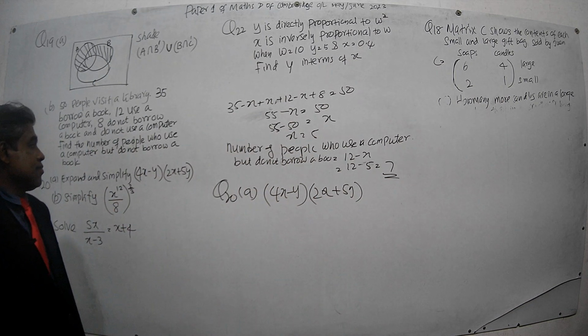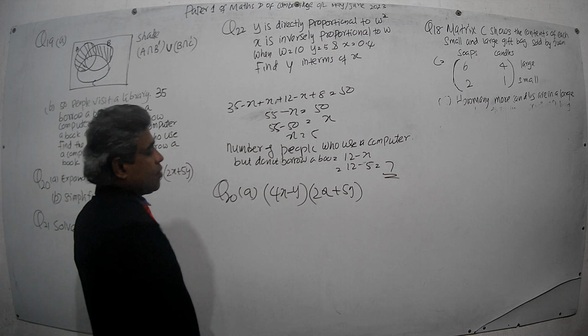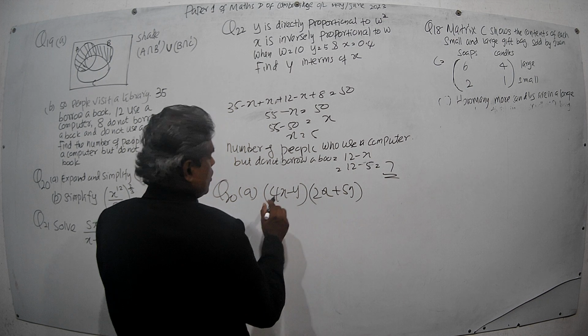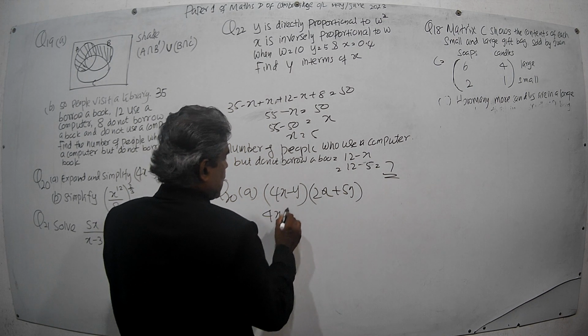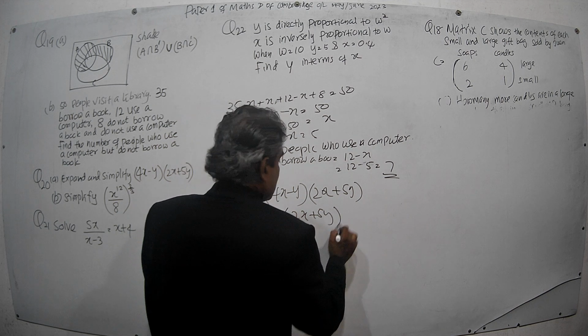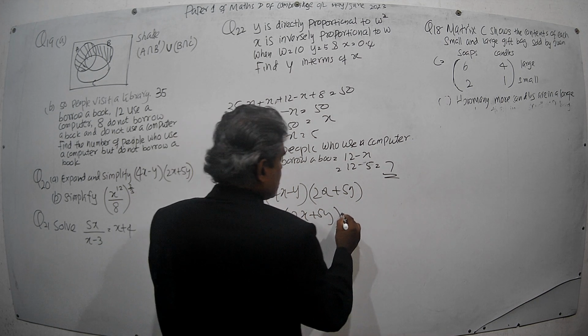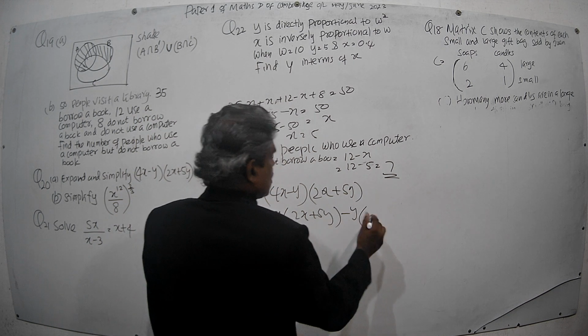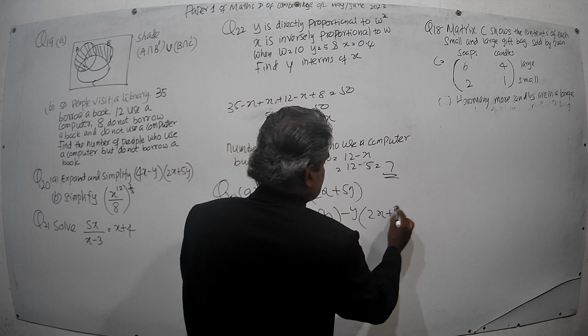2x plus 5y. Then you remove brackets multiplying this by this. Then by this 4x, you first multiply this whole thing 2x plus 5y. Then by this minus y, you multiply again this whole thing, 2x plus 5y.